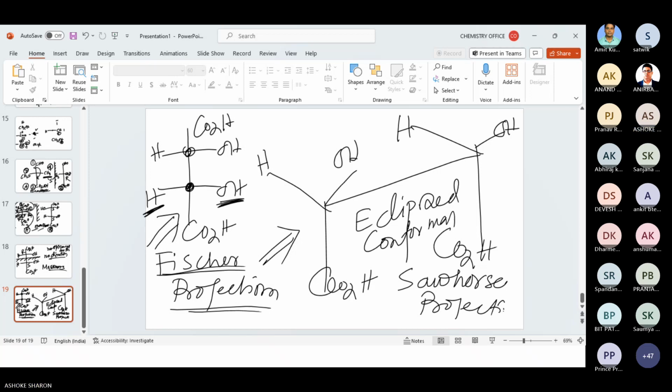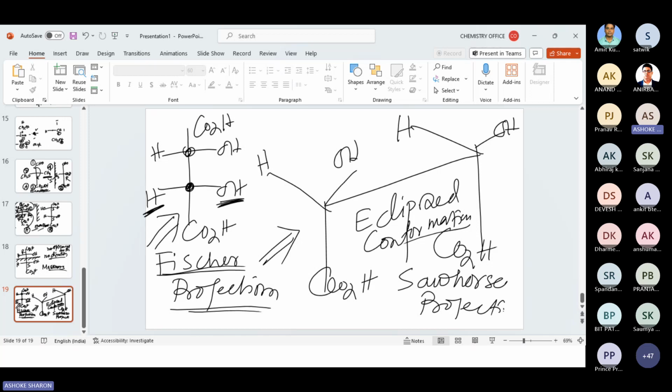Why is the term conformation? Conformation means I have drawn a molecule. Fischer projection formula is a 2D formula. Sawhorse projection formula is a 3D formula. 3D means you can draw a molecule at 360 degrees, at different angles. Suppose I rotate a molecule only 0.1 degree, you can rotate it 5 degrees, and some other people draw it rotated 120, 140, 260 degrees.